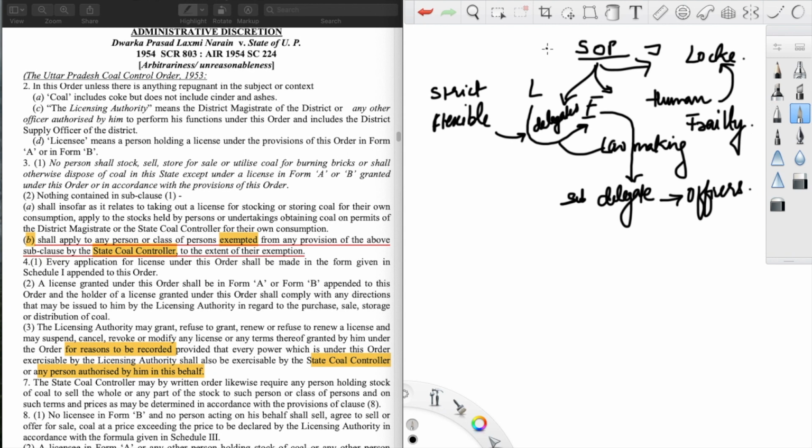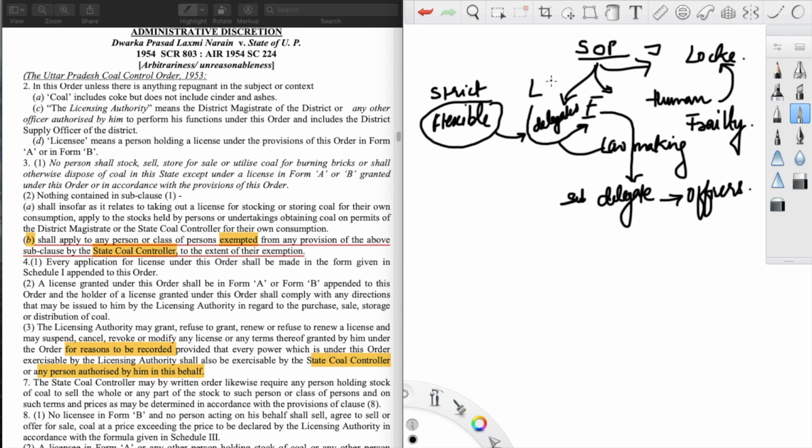So, as a flashback, I would like to tell you that we have studied in detail what is separation of powers, and we have also discussed that we follow the flexible version of the separation of powers.